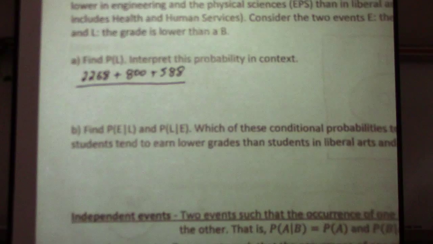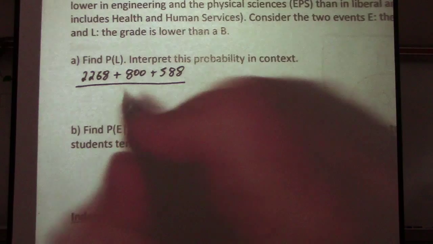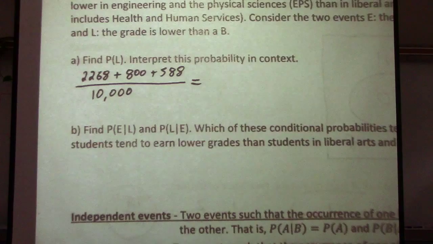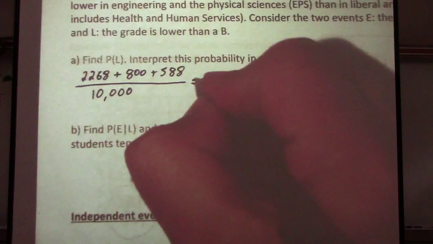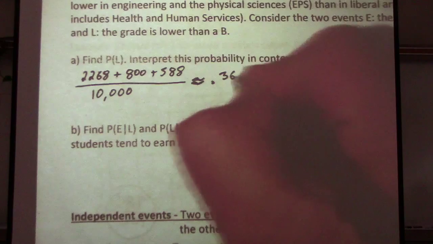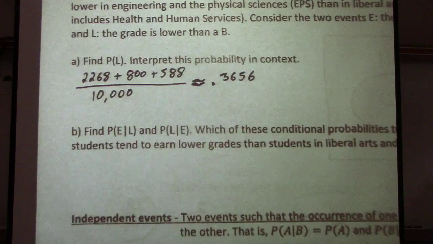So 2268 plus 800 plus 588, all over, how many grades are we talking about? 10,000. So that is approximately 0.3656. The next part says interpret this probability in context.